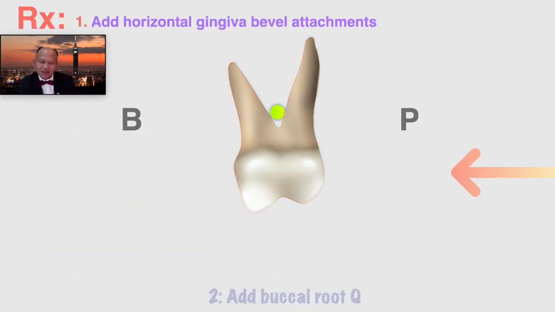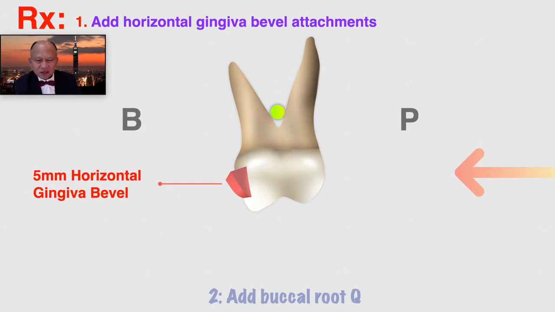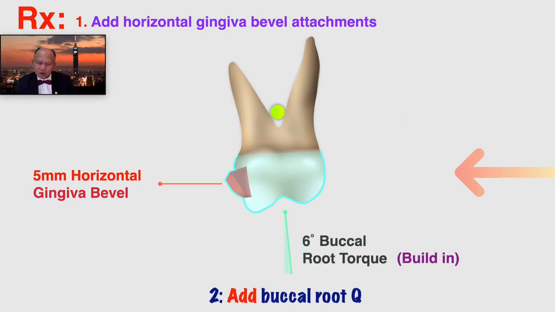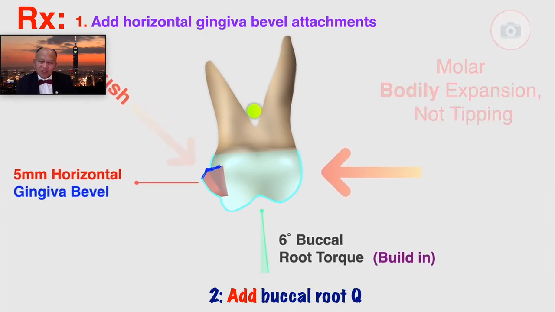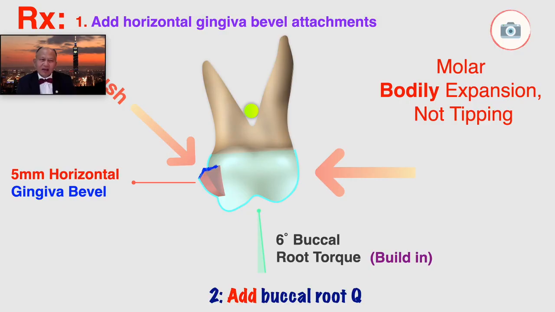And if you want to prevent this tipping and get a bodily expansion, what can you do? You can add a horizontal gingival bevel attachment, which provides a pushing surface to push down and to offset the expansion force. With that, you get a molar bodily expansion, not tipping.